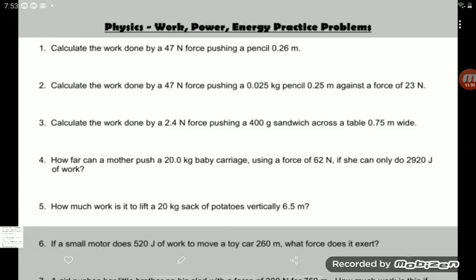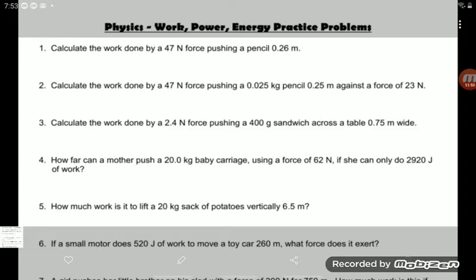So let me just get my calculator. Okay, I have it open here.